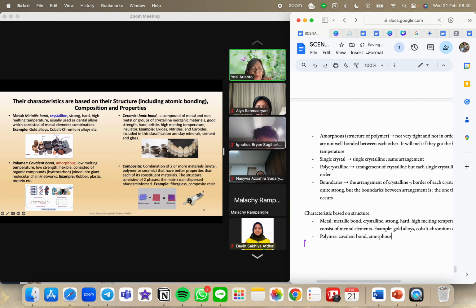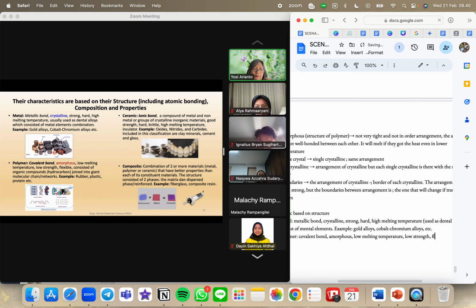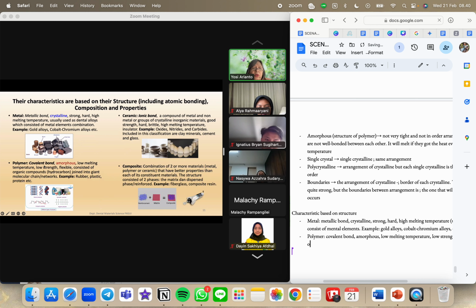Okay, the next one is the polymer. The group of materials that is polymer, plastic. And the atomic bonding is a covalent bond. The structure is amorphous.